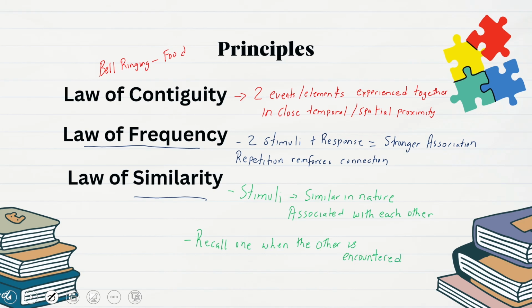If a person learns to associate the sound of the doorbell with someone at the door, they may also associate similar sounds, for example, the phone ringing with a conversation, even though the stimuli are different. Why? Because the similarity in the sound triggers a similar response.